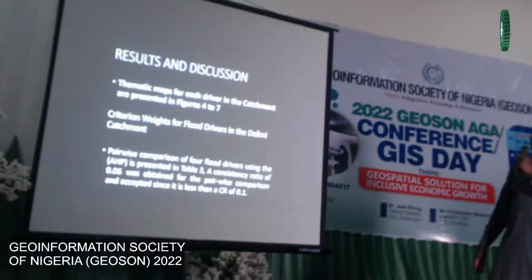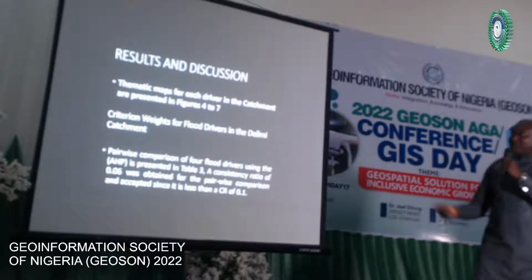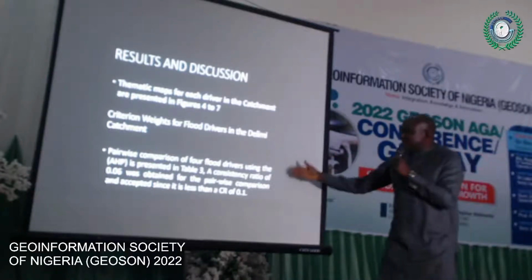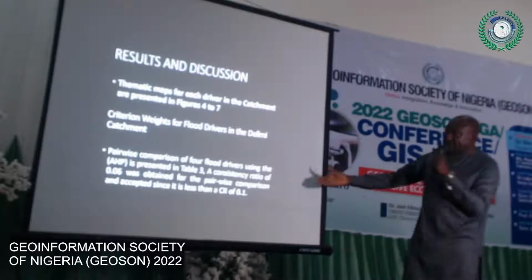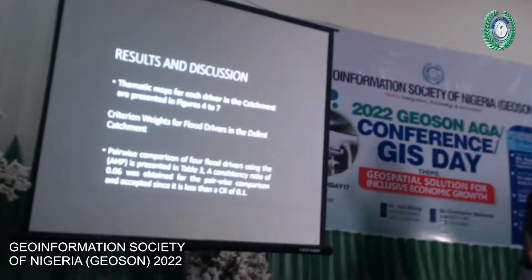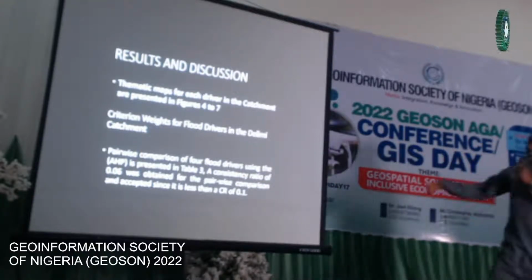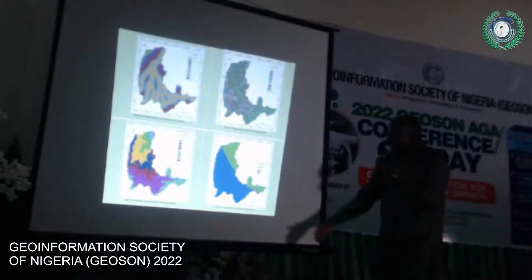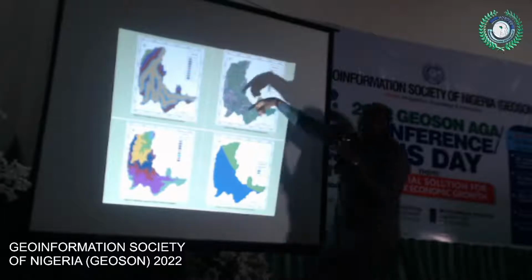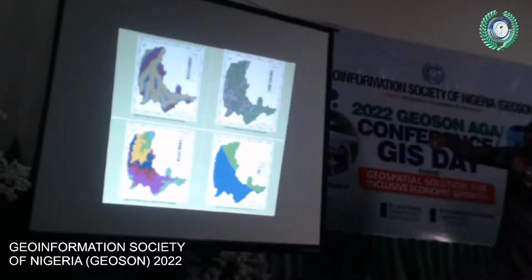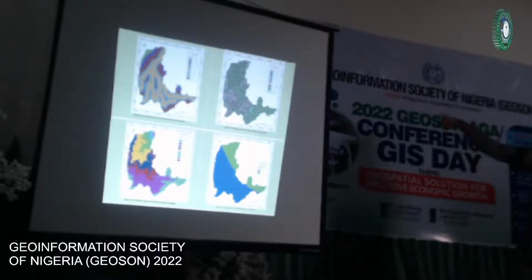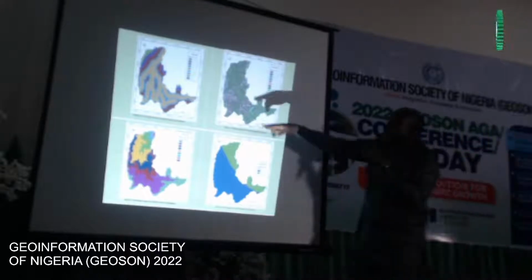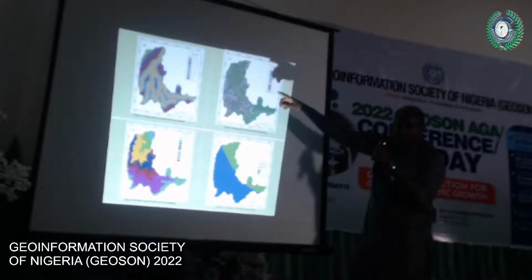The criterion weights for flood drivers in the Dilimi catchment area, and the pairwise comparison of 4 flood drivers using the AHP, is presented. Let's go. So from this table, this is the first, the one that used the SATIS classification, which has about nine classes.